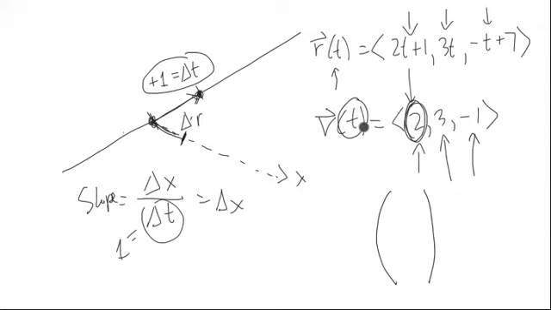But for every single input value, we're going to have a column. So we're only going to have one column here because we only have one input value. And then what we're going to do is represent these rises per run of 1 of this particular input value in a column format like this: 2, 3, -1.